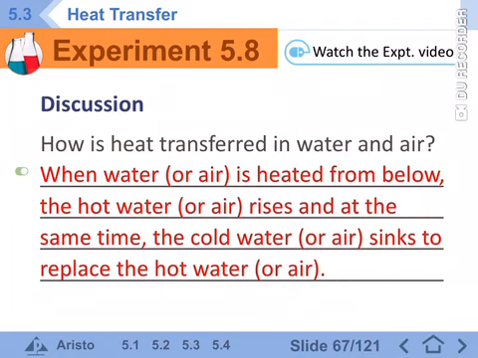The cold air or water sinks to replace the one left behind. So basically the really hot one, the higher temperature, will go up, and the lower temperature will come back down to replace it. So that's why there is a replacement, and we give it a name of a convection current. So please copy this down.